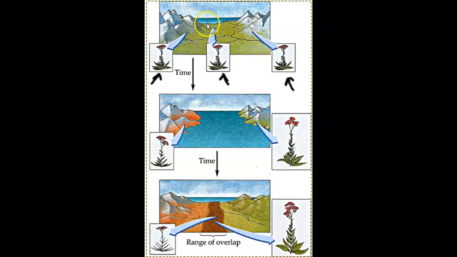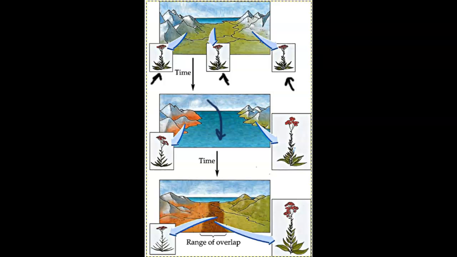So water now is going to be able to go this way, and these two sides are separated geographically. They are no longer going to be able to exchange their alleles. And over time, given enough time, notice how different they're going to become. They become two different species.